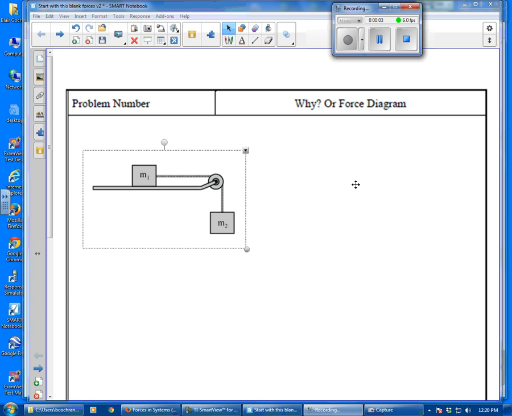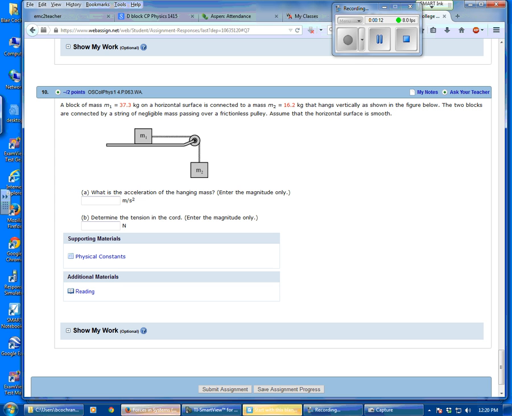Right, so we're going to start with number 10. It's about our modified Atwood machine, which is good because this is what our lab is on, Tuesday next week. We're going to do a lab on a modified Atwood machine, just like this one.